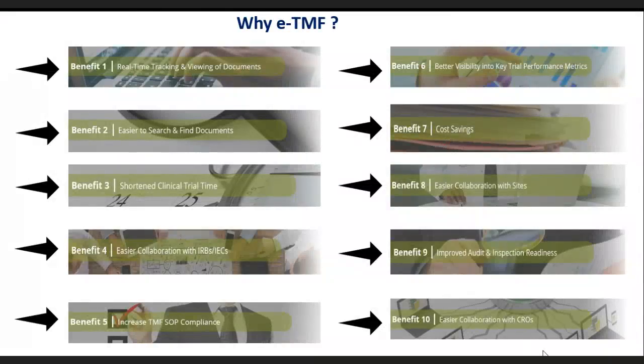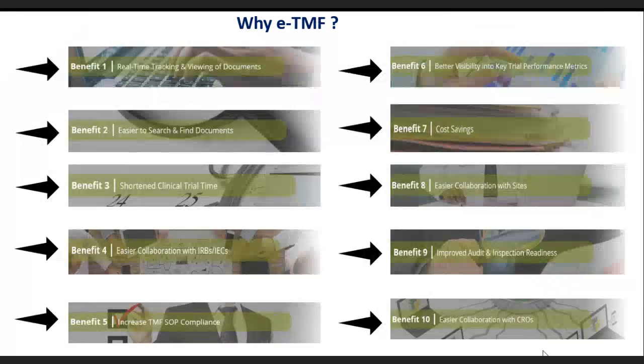Benefit 1, real-time tracking and viewing of documents. Benefit 2, easier to search and find documents. Benefit 3, shortened clinical trial time. Benefit 4, easier collaboration with IRBs and IACs.